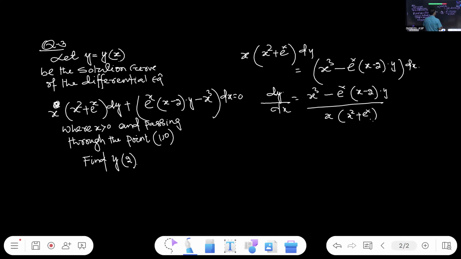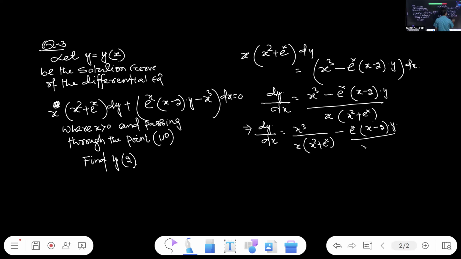So dy upon dx equals x cube upon x into (x square plus e raised to the power x), minus e raised to the power x into (x minus 2) into y upon x into (x square plus e raised to the power x).